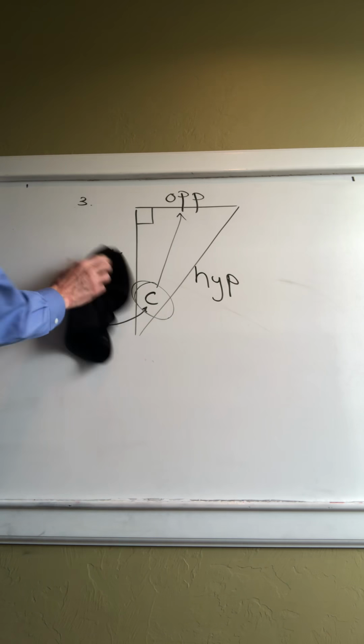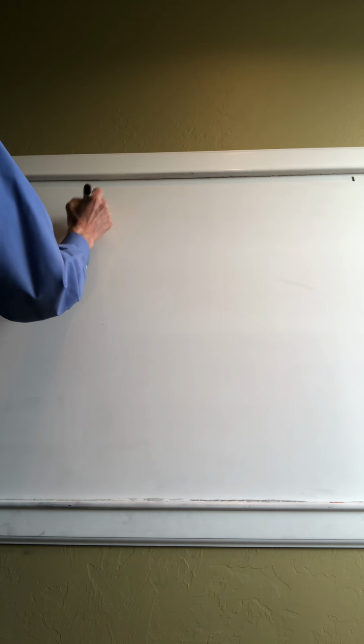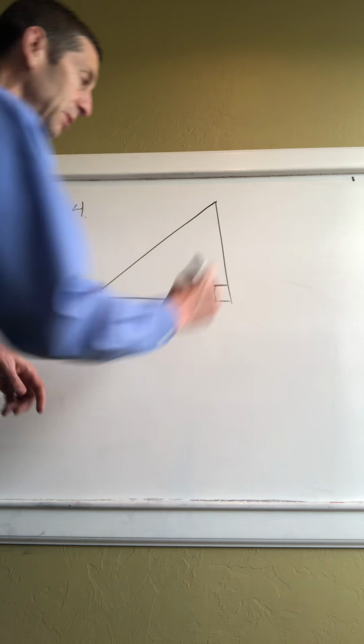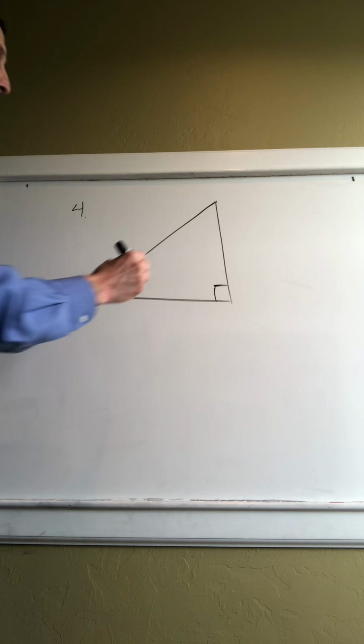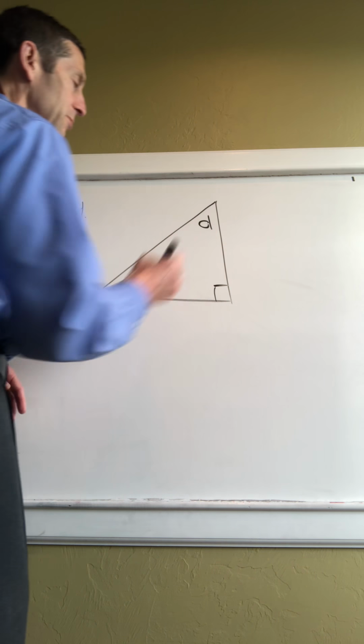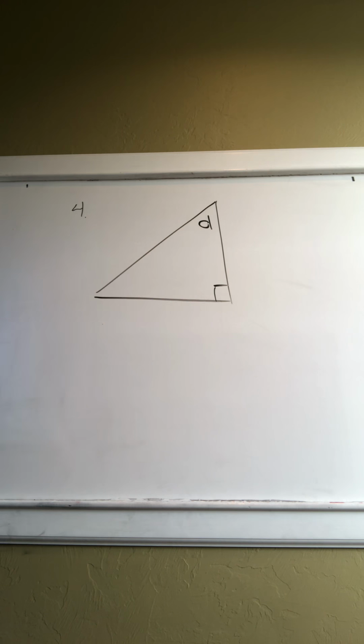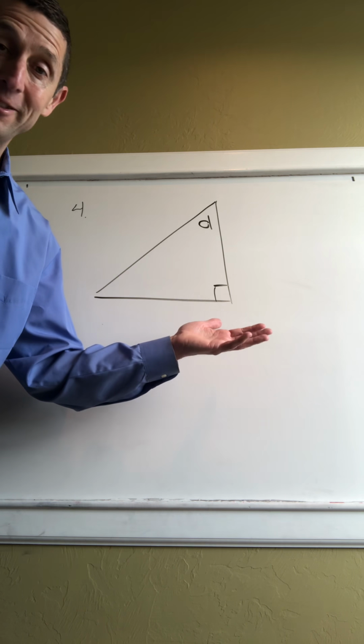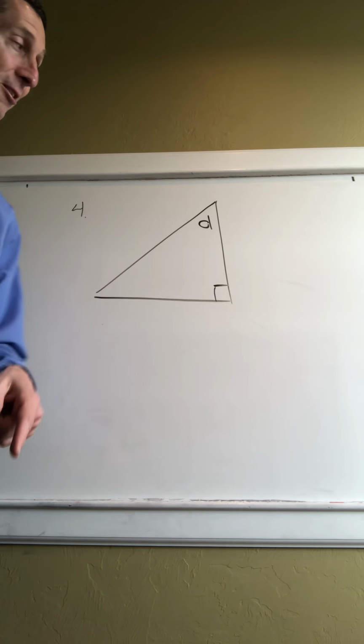One more time to see if we've got this. It has to be a right triangle, and I will give you a specific angle to start with, angle D. Based on angle D, it's a race. Who can label all 3 sides the fastest and get it correct?